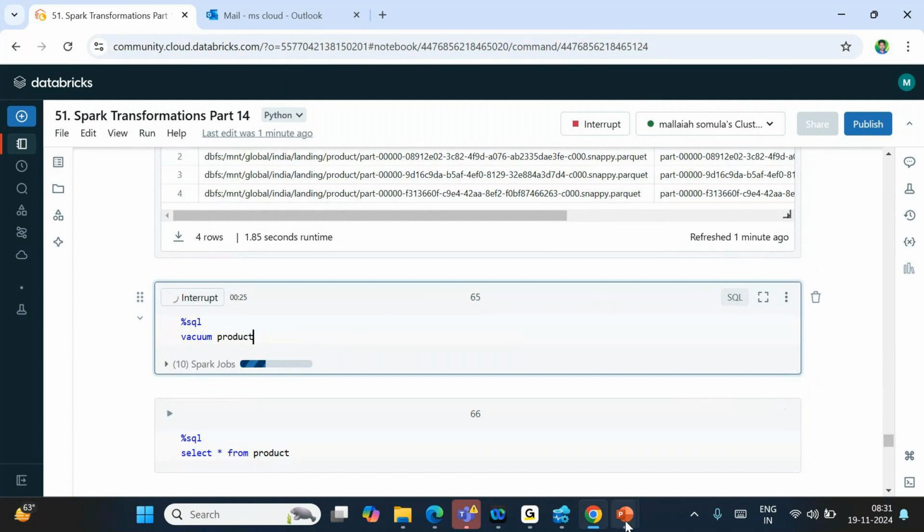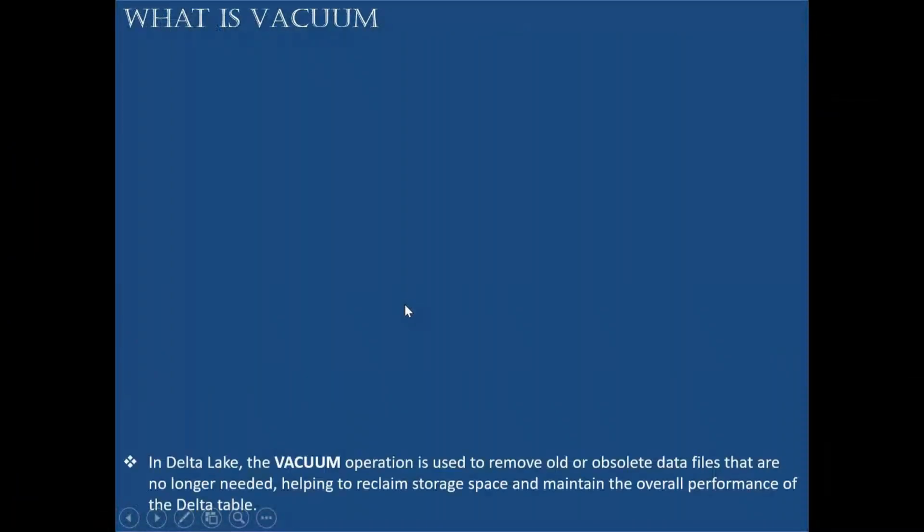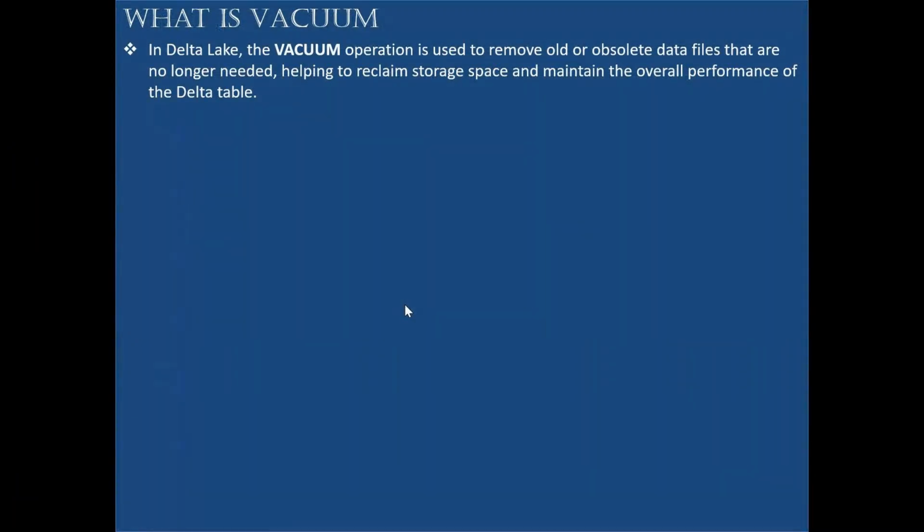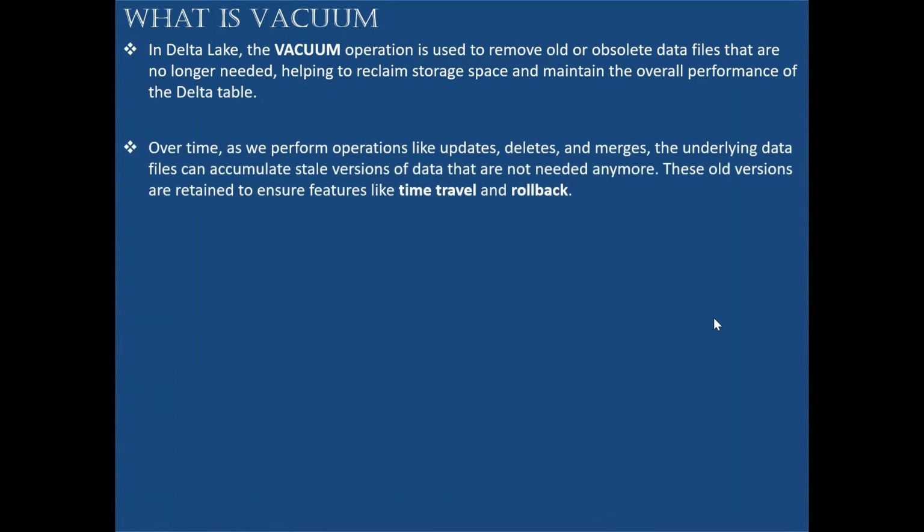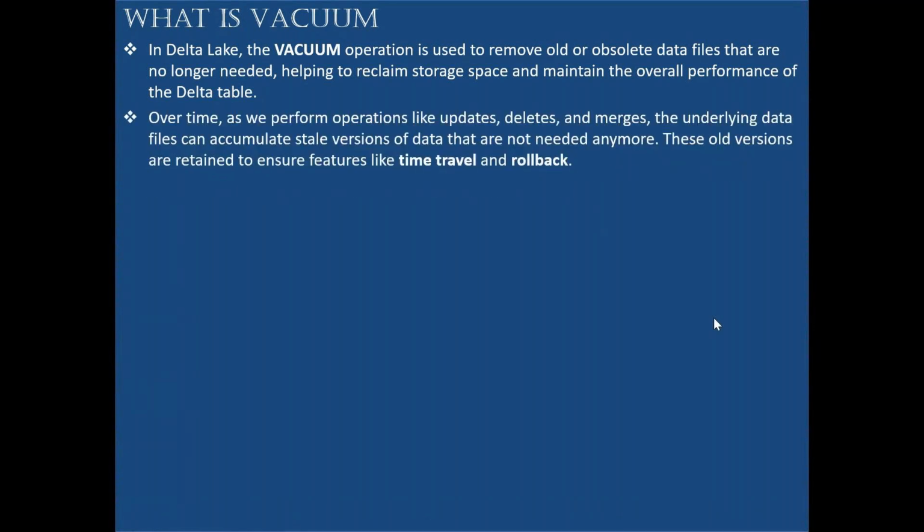First let's understand what vacuum is theoretically. In Delta Lake, the vacuum operation is used to remove old or obsolete data files that are no longer needed, helping to reclaim storage space and maintain the overall performance of the Delta table. Over time, as we perform operations like updates, deletes, merges, the underlying data files can accumulate stale versions of the data that are not needed anymore.